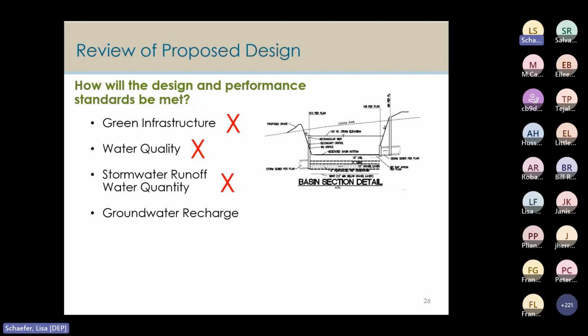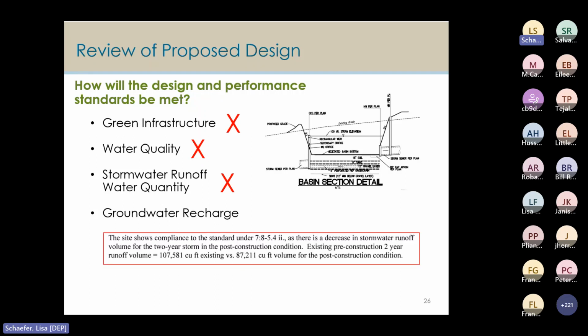So maybe the designer thought that the movement of water or runoff through the planting media was good enough to meet the requirement, but under-drain systems are not infiltration BMPs, and they cannot be used to meet the groundwater recharge requirement.